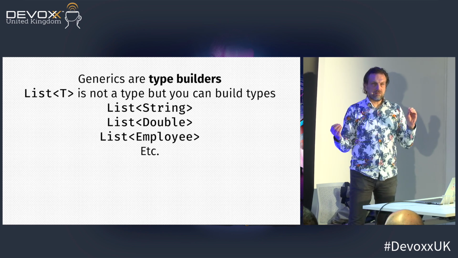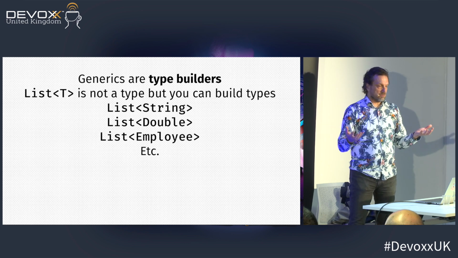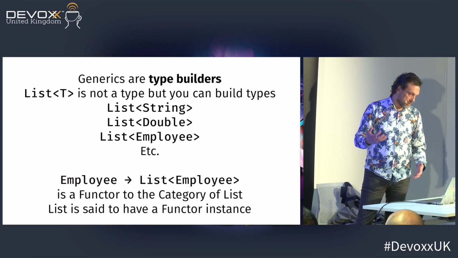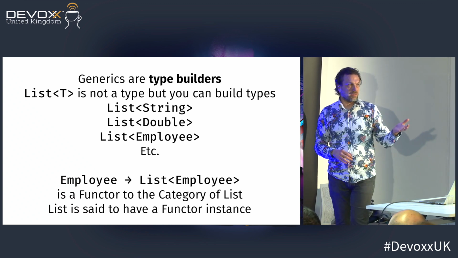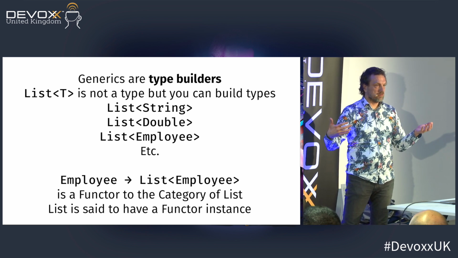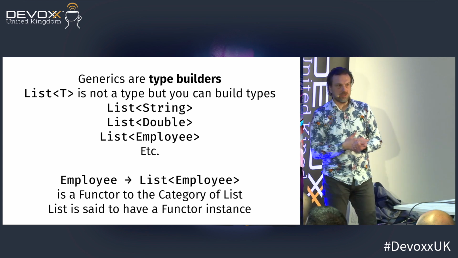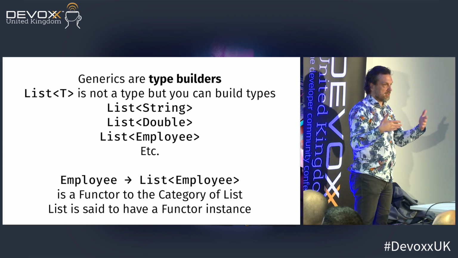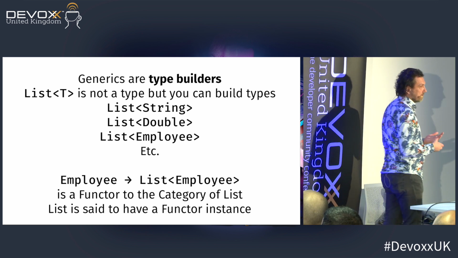And this is the kind of relation that we are trying to explore and bring out with the category or with the functor. So if we have something that takes an employee and returns a list of employees, which in this case probably has just one employee, but is the type that we really care about, this is actually a functor.